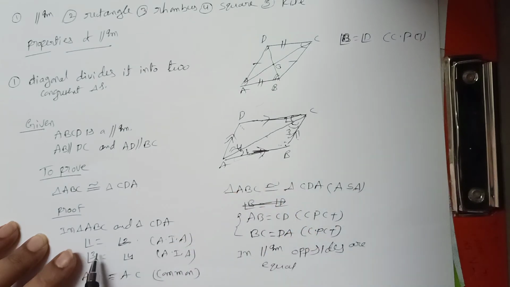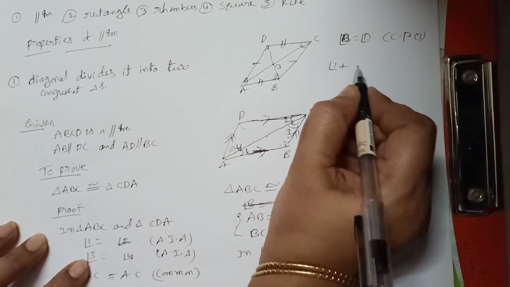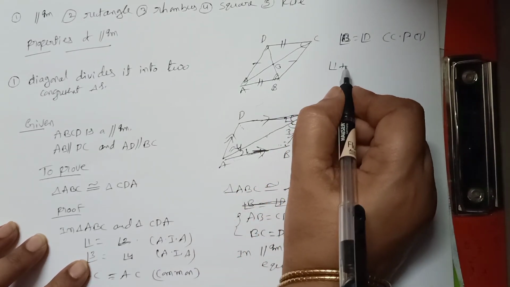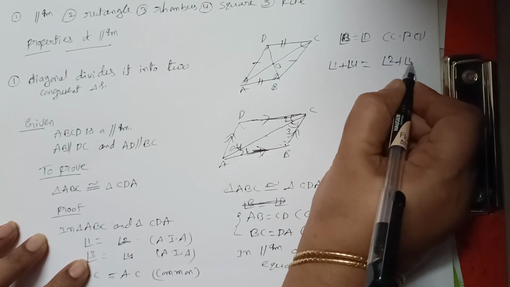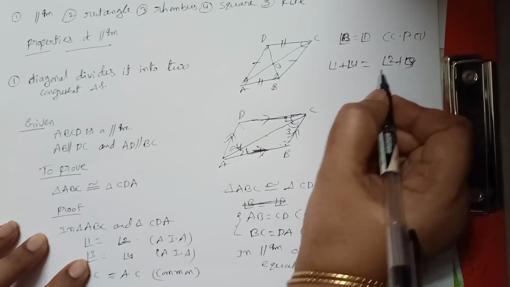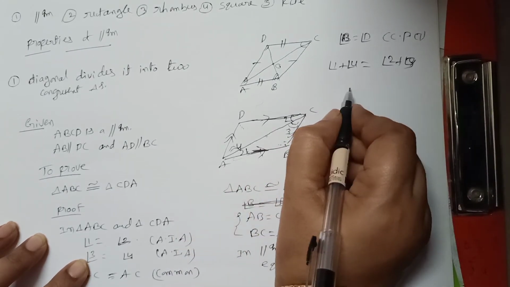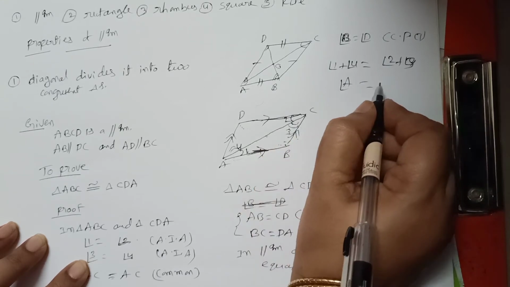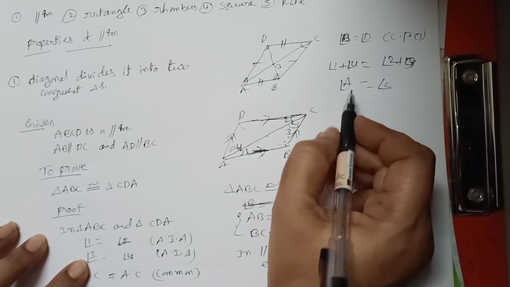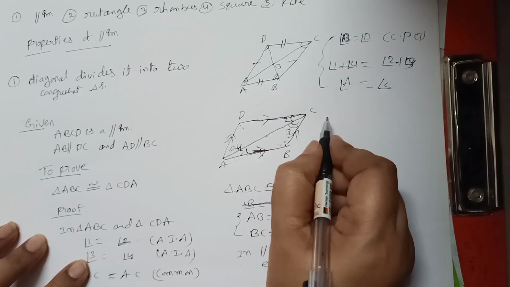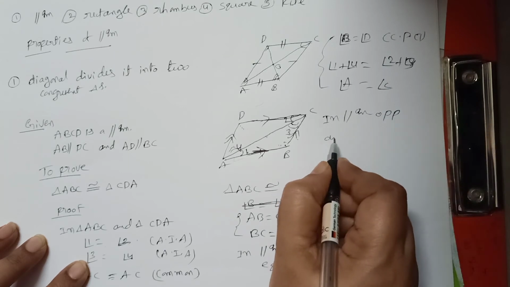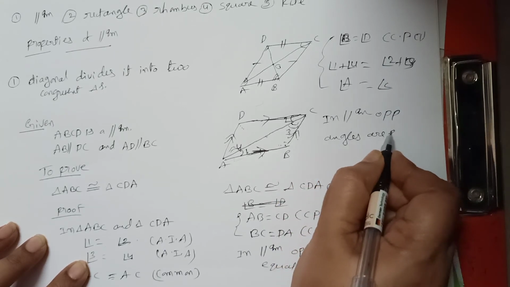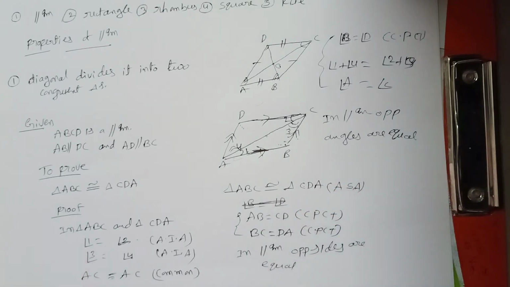Now angle 1 is equal to angle 2, angle 3 is equal to angle 4. By adding these two, angle 1 plus angle 4 is equal to angle 2 plus angle 3. Angle 1 plus 4 is angle A. Angle 2 plus angle 3 is angle C. So opposite angles are equal. In parallelogram, opposite angles are equal.